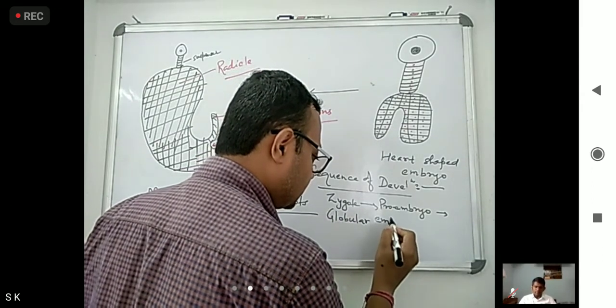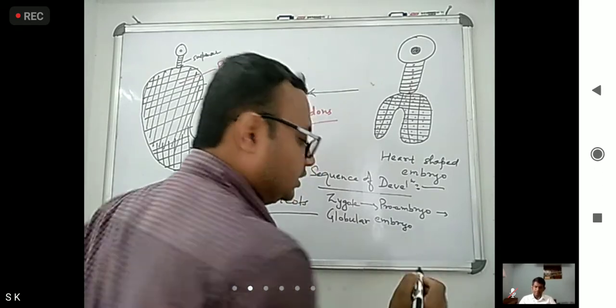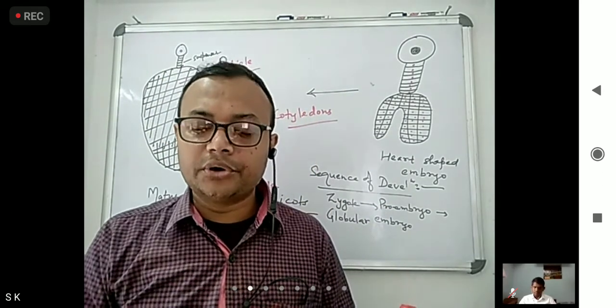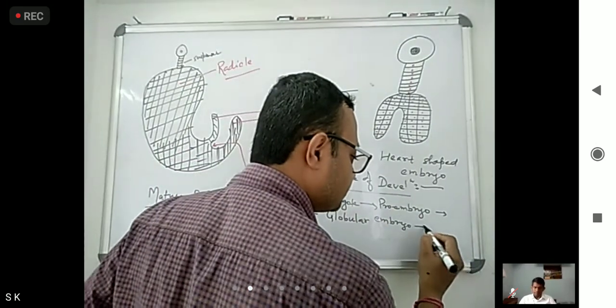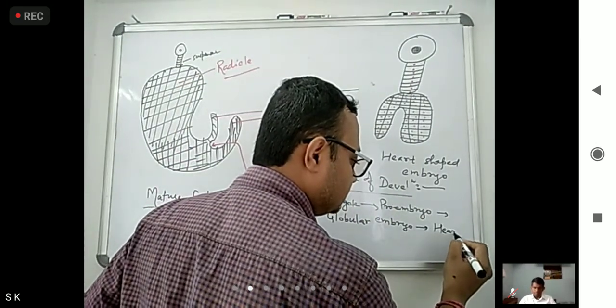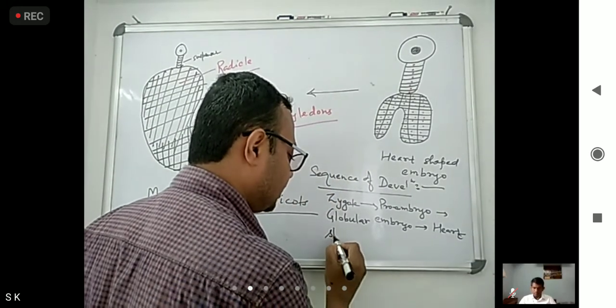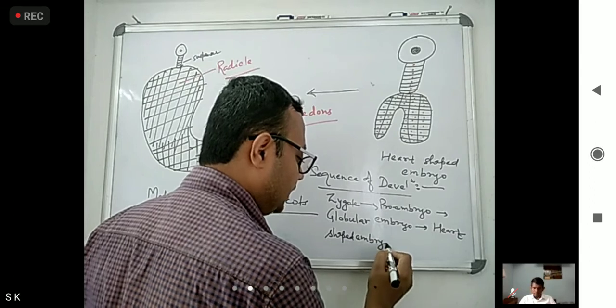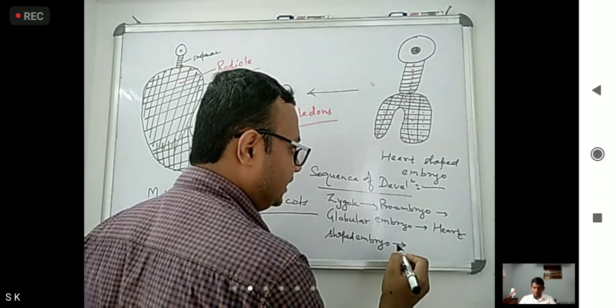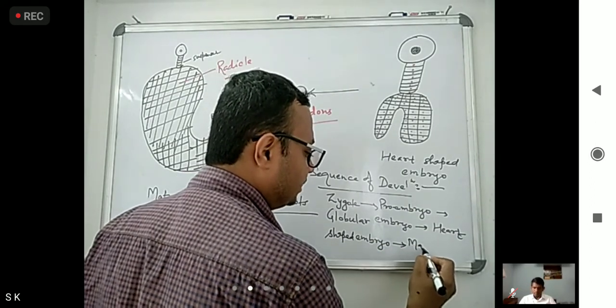Globular embryo. This globular embryo develops into what? Heart-shaped embryo. And what happens then? It develops into mature embryo.